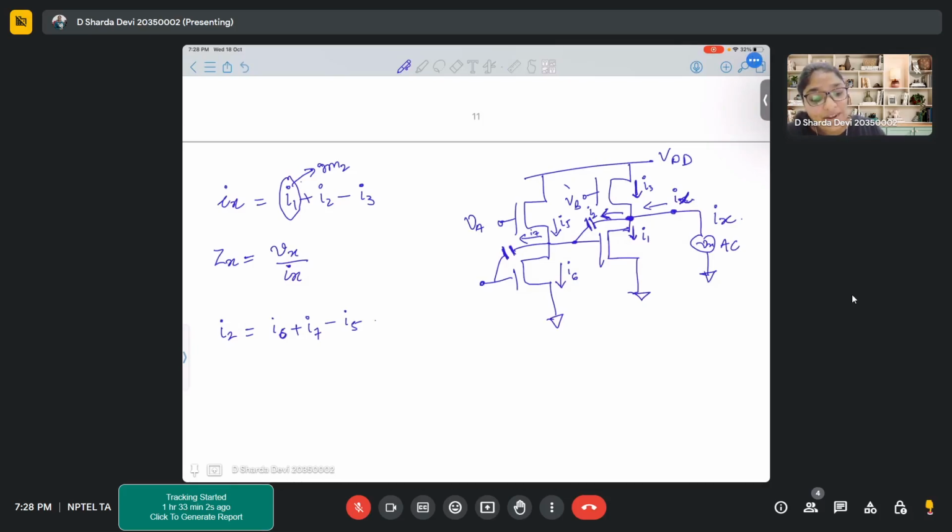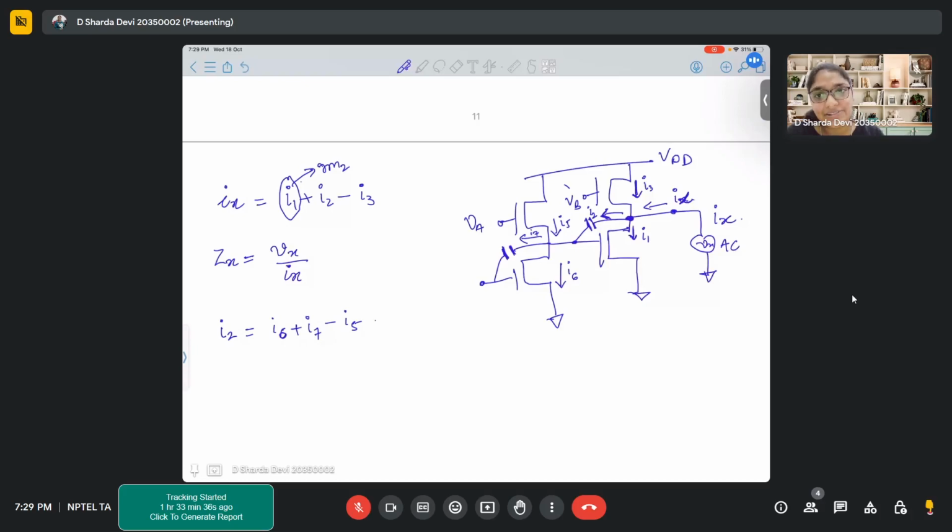So now, to get your Ix, you have to find I1, I2 and I3. While calculating your I2, you will see there will be components from this first stage coming into the picture, while calculating current I2. So it makes sense that we are getting components from the first stage also, but it is not that straightforward, as it can be done for a single stage.